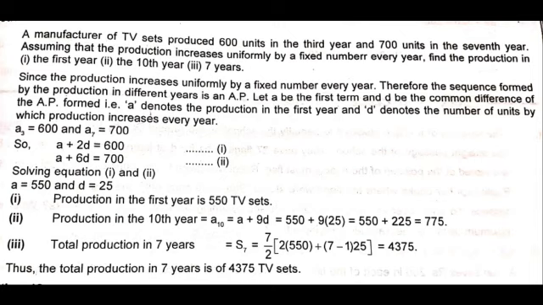Let the first prize be rupees A. Then the second prize is going to be A minus 20, because each prize is rupees 20 less than the preceding prize. So this arrangement forms an AP with the common difference equal to minus 20.